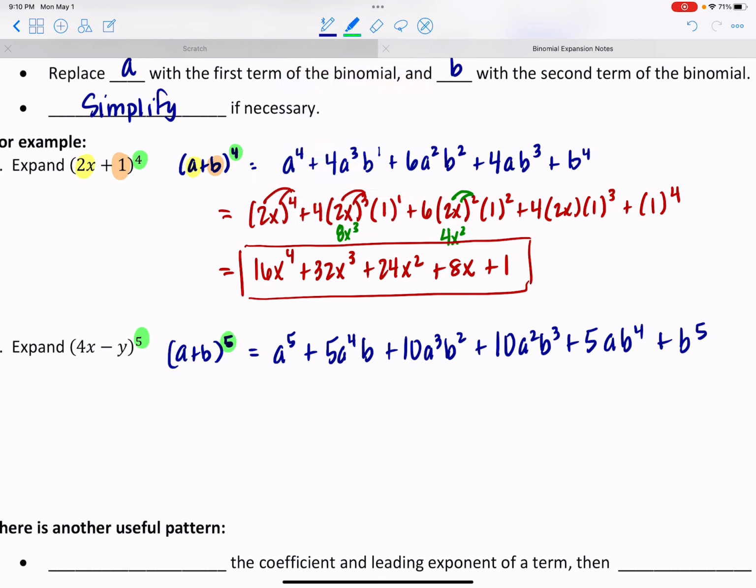Now, I'm going to replace a in each of those terms with 4x, and I'm going to replace b in each of these terms with a negative y. I want to make sure not to lose my negative. That will be attached to that y.